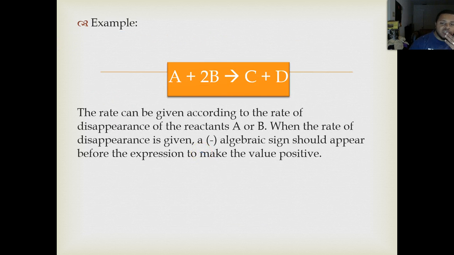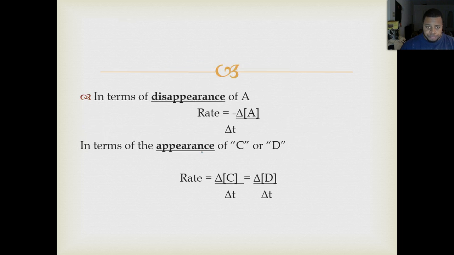Given this example, we want to pay attention to the algebraic sign. If we're looking at the disappearance of the reactants, we want to make sure there's a negative sign out front. Whereas if we're looking at the appearance of our products, we're going to have a positive symbol, or we just won't have a negative symbol there.